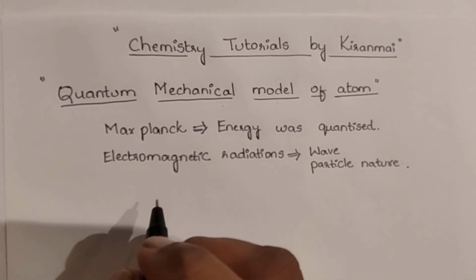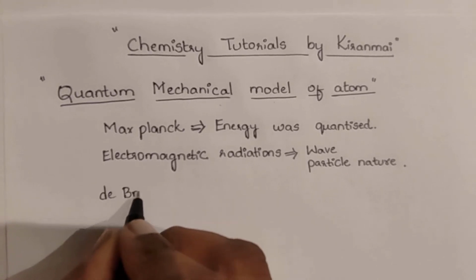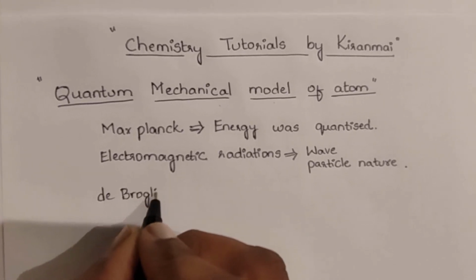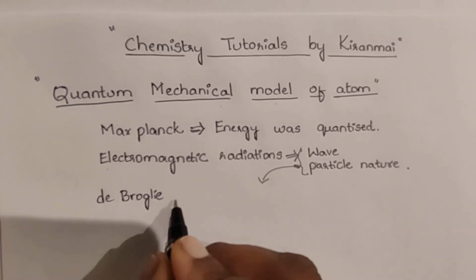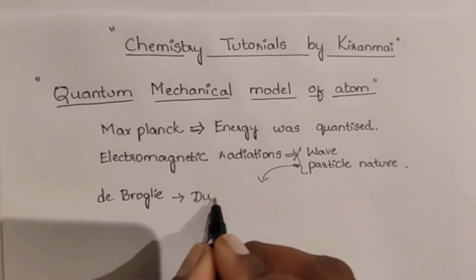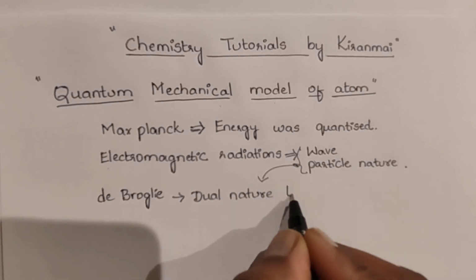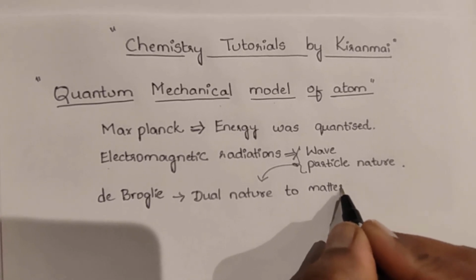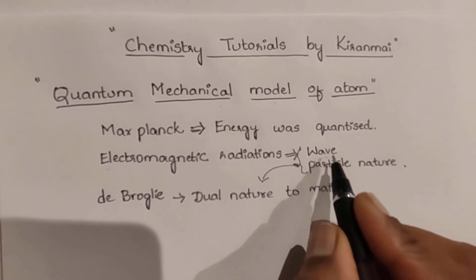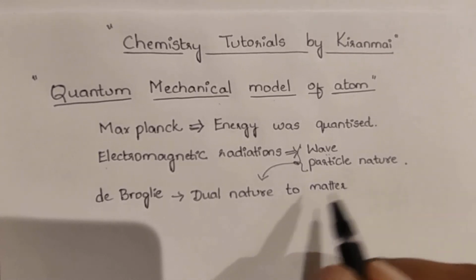And then de Broglie extended this dual nature to matter. So he said that matter also has a wave-like nature and it also exhibits particle-like nature.